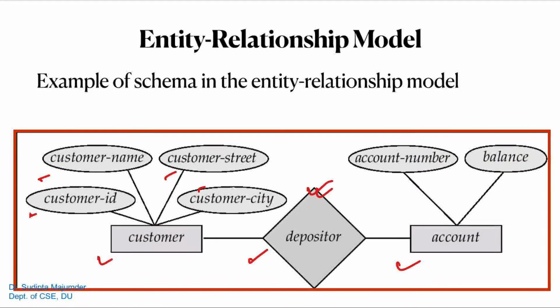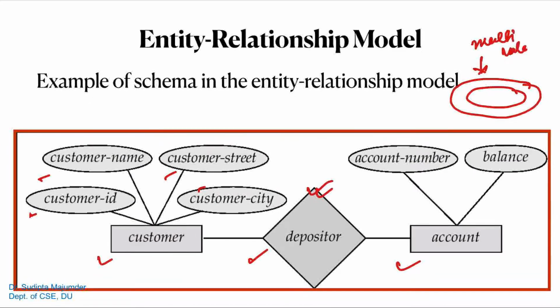Besides this, we can also have a double ellipse, for example like this one. These are used to represent multi-valued attributes. And also we can have dashed ellipses, like this. These are used to denote derived attributes.